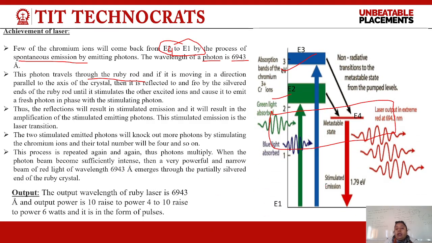Therefore, the emission generated between E4 and E1 is basically through stimulated emission, not spontaneous emission, because spontaneous emission is a sudden emission.